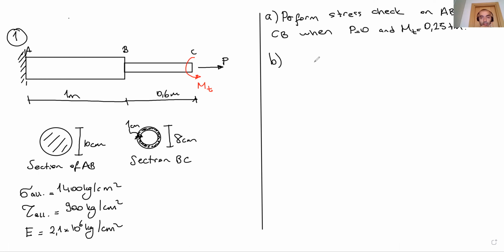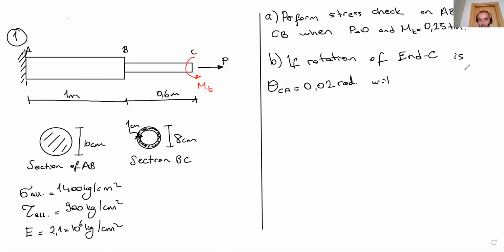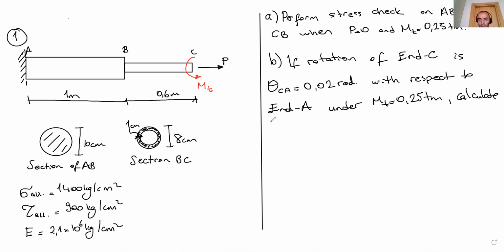The next question here is B. If rotation of C with respect to A is, let's say it's theta CA equals 0.02 radians, under MT equals 0.25 ton meter, calculate the shear modulus of the material.